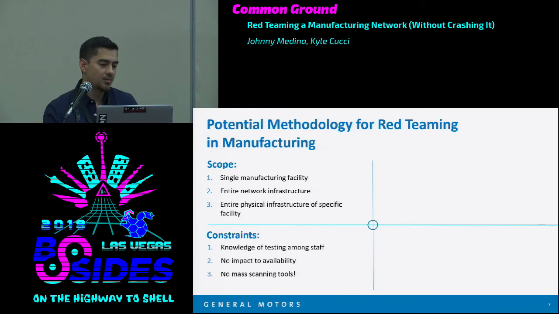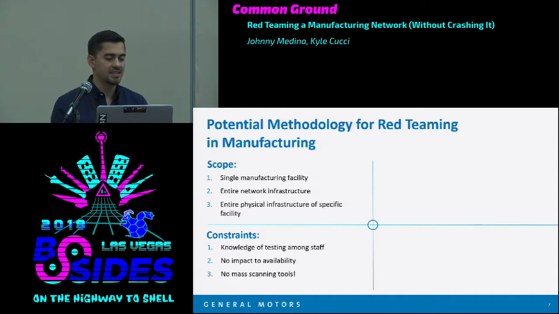In a manufacturing environment, availability is key. Also, of course, the other parts of the CIA triad, but availability is important. These devices are typically making a product for the company, so you don't want to interrupt that product being made. You want to do your assessment, but not have any negative side effects on your organization.